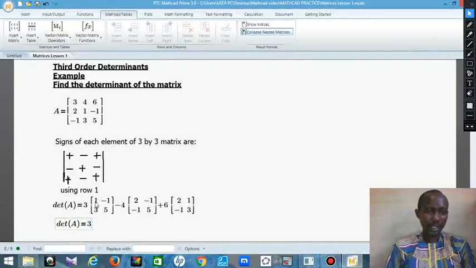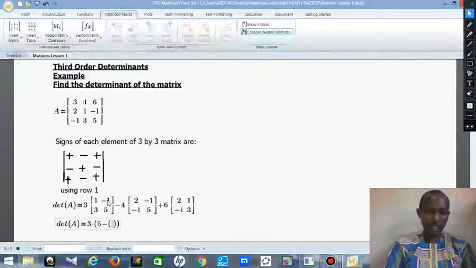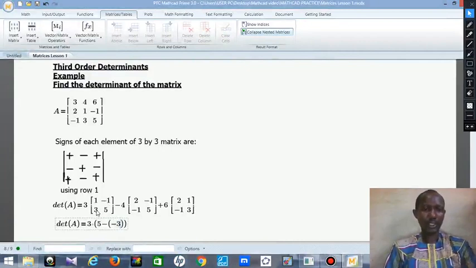Then the same way we did the other time, cross multiply, but put it in bracket so that you not make mistake. 3 open bracket. Remember we did 2 by 2 matrix determinant the other time. You cross multiply like this: 1 times 5, which is 5, minus, always minus 1 times 5 minus 1, put it in bracket also, minus 1 times 3. So minus 1 times 3 will give us 3.